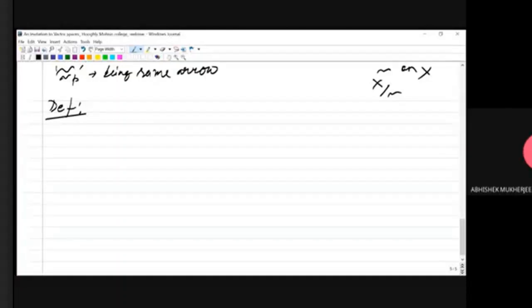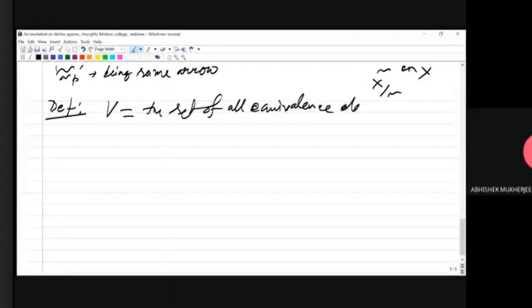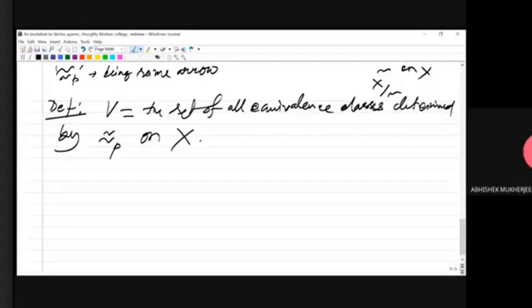And V denotes the set of all equivalence classes determined by this relation on the set X. So this is your quotient set with respect to this relation.